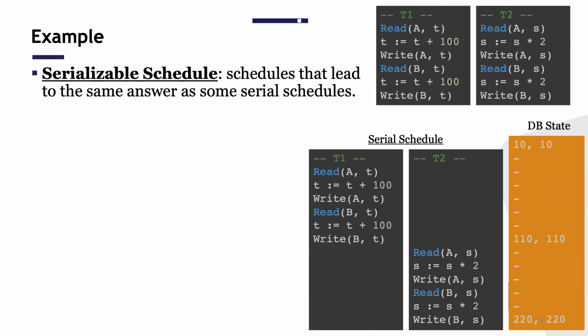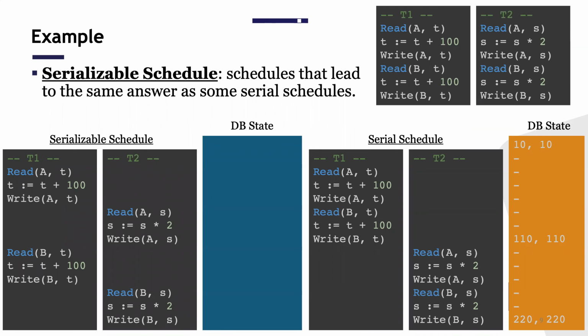We want all the ways of mixing the instructions that we allow in the database to give us one of these two different states. To that end, we define the notion of a serializable schedule. We say a schedule is serializable if it's going to lead to the same answer as some serial schedule. So this is one example of a serializable schedule.